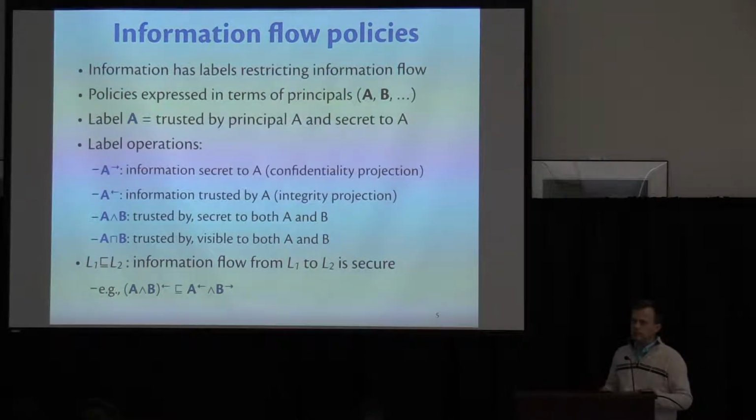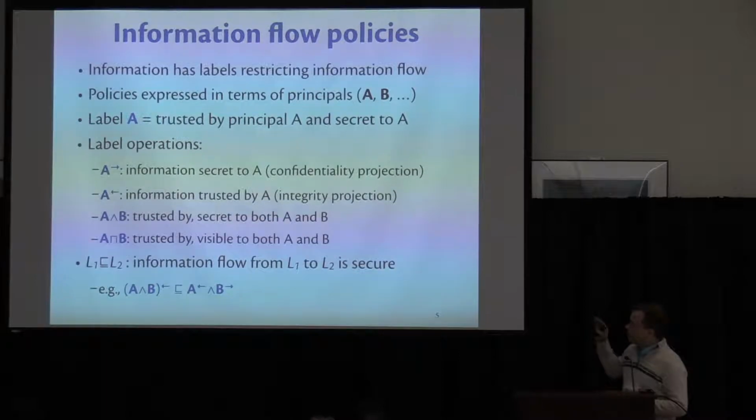What it means to label something with a principal A is that that information is both trusted by principal A and secret to principal A. So that's a pretty restrictive policy on the use of that information. And then we get more expressiveness by introducing some operations over labels. There are two key things we can do.